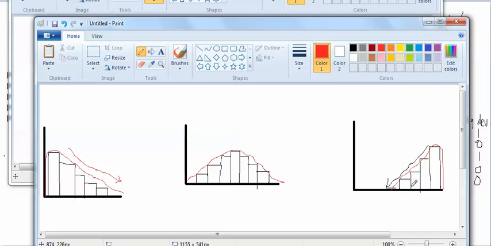If a test is easy, most people will get the higher exam scores up here and fewer people will get the worse exam scores down here. So if a test is easy, the grades will be skewed to the left because you'll get a lot of scores piling up at the high end. A lot of people will get A's and B's, and fewer people will get C's and D's down here.